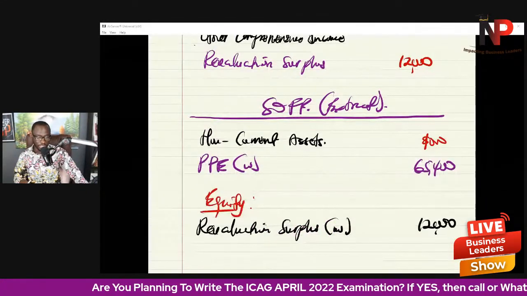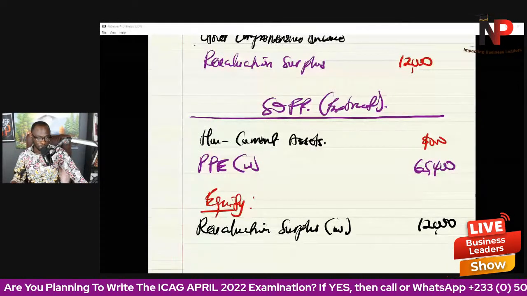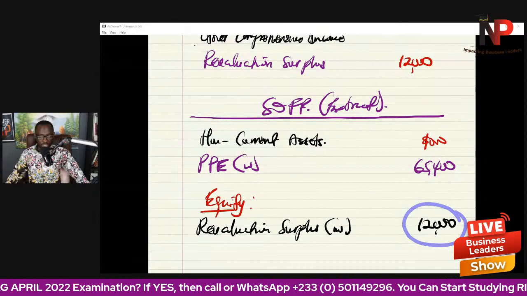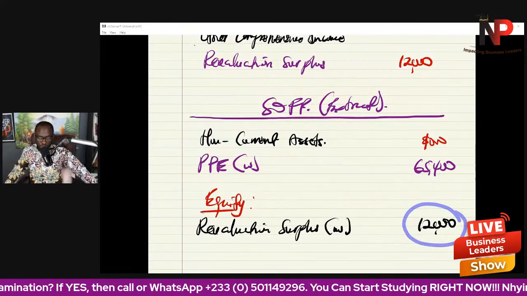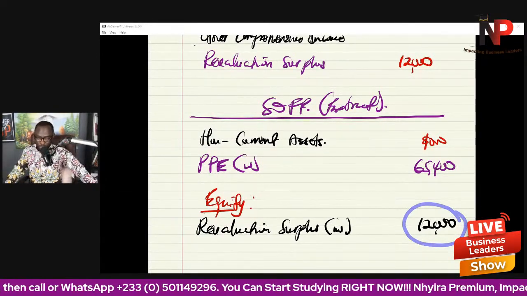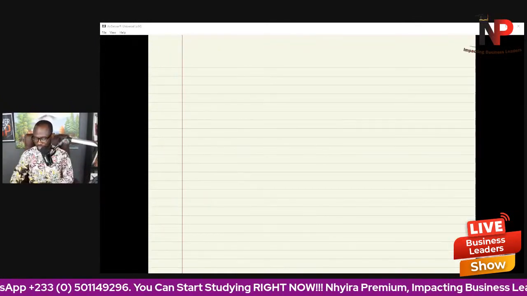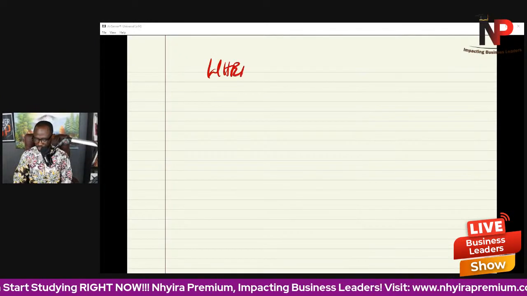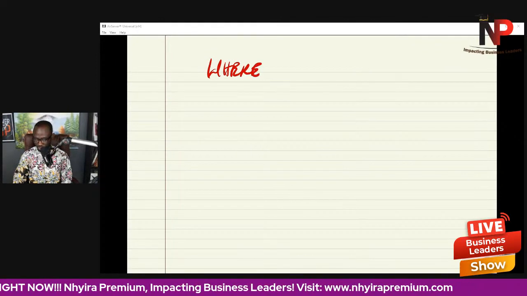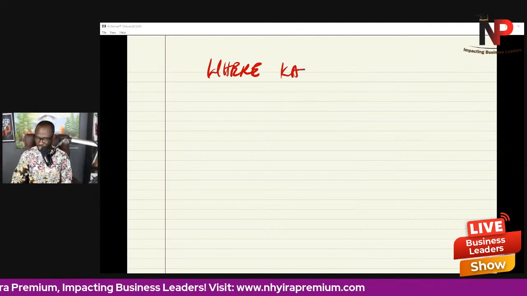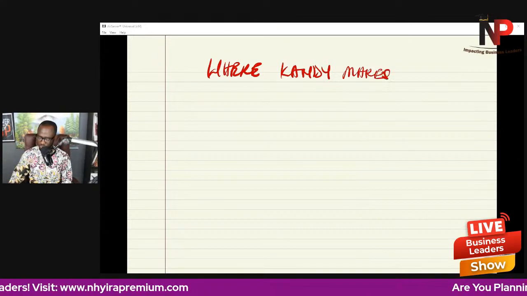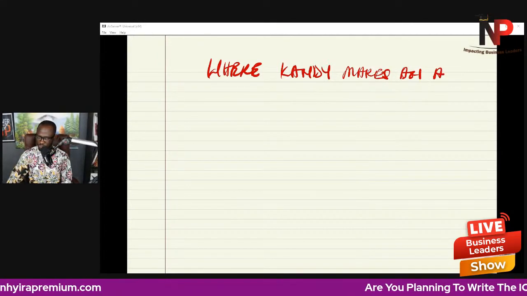It's only the carrying amount of the revaluation surplus that we are taking to the statement of financial position that is going to be changing a little bit. So look at it, if the entity makes an annual transfer. Please let me know if you have any questions about the question we're solving.